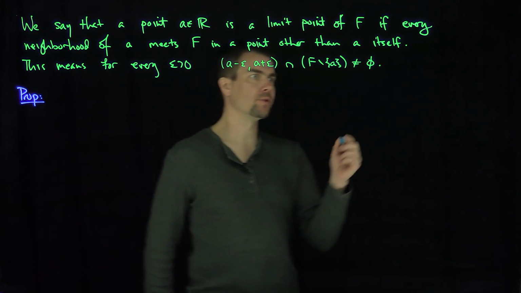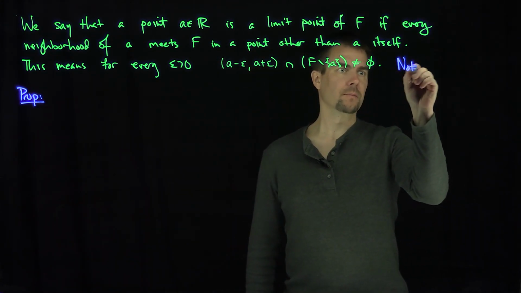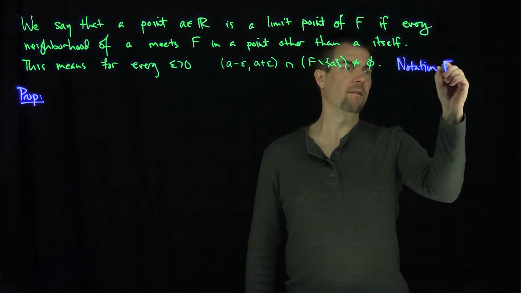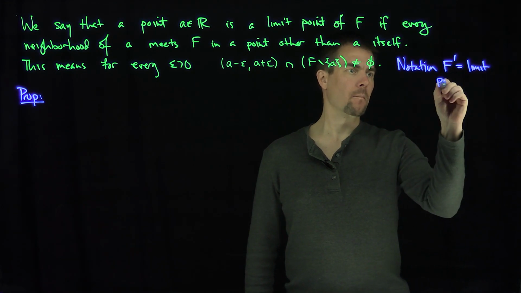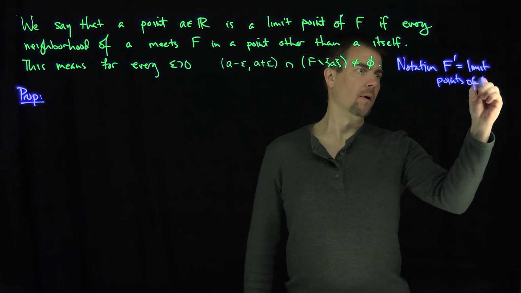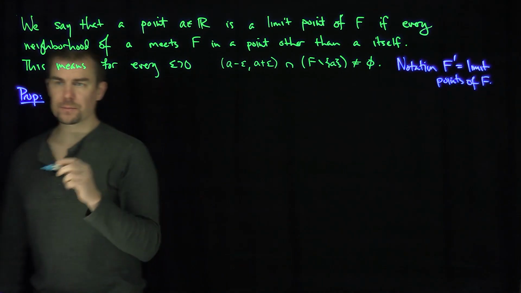We're going to use this notation for limit points. Notation: F prime is the set of limit points of F. So here's our proposition.